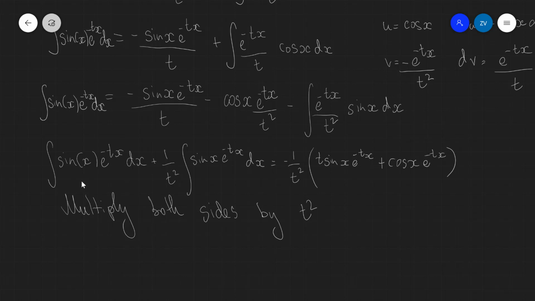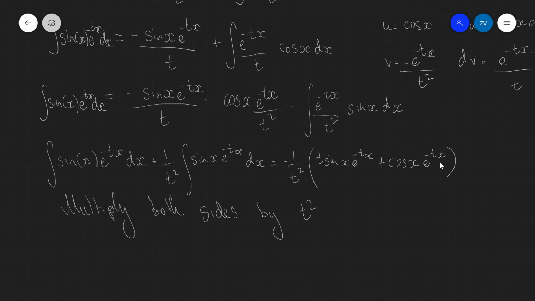So we get that the integral of sine of x e to the minus tx plus 1 over t squared, this term over here, sine of x e to the minus tx dx, will be equal to this expression left over here. Now if I take a factor of minus 1 over t squared, I get a factor of t multiplying the sine of x e to the minus tx plus cos of x e to the minus tx.